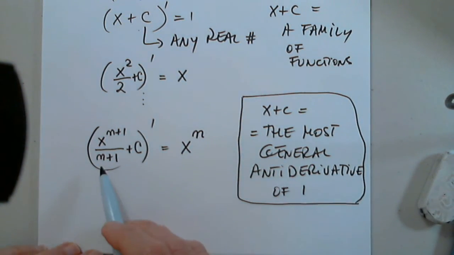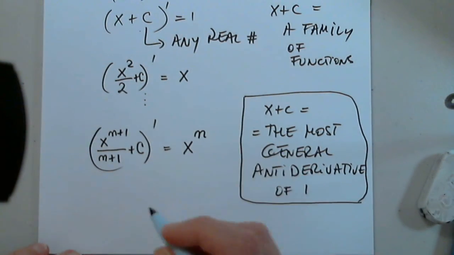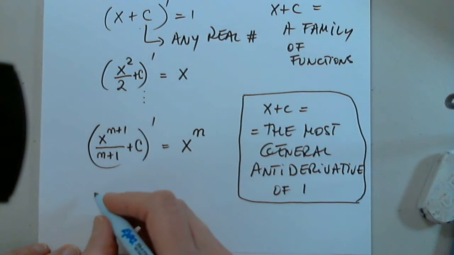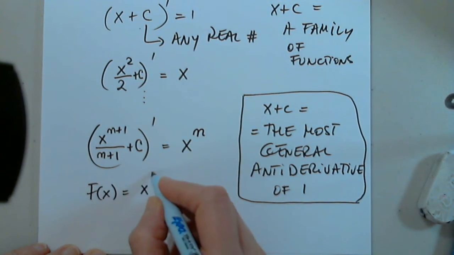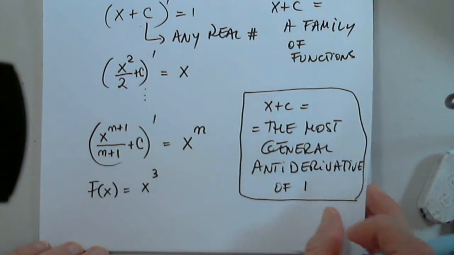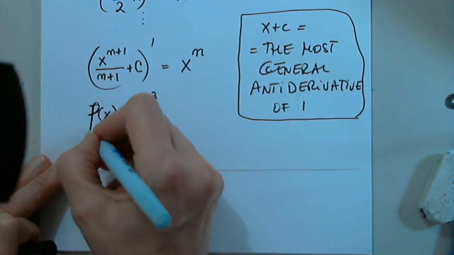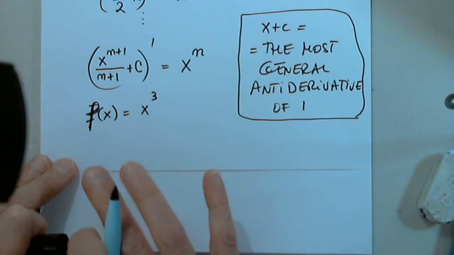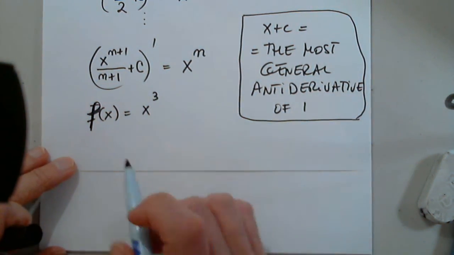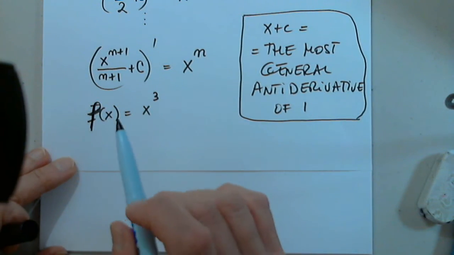So here's the power rule, basically, right? If, for example, we have the function f of x equals x to the third, and we're asked to find the most general antiderivative, let me put lowercase f, and I'll explain why the notation should be either f of x or f prime.